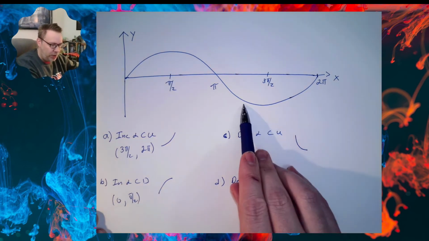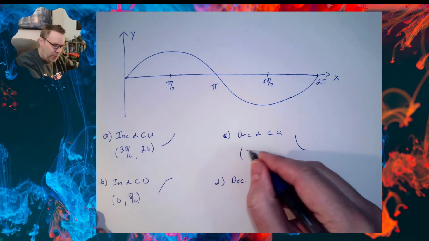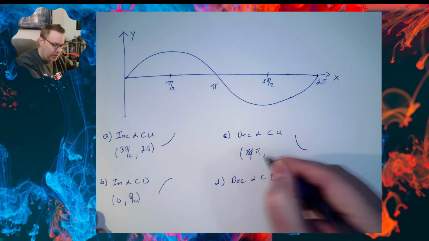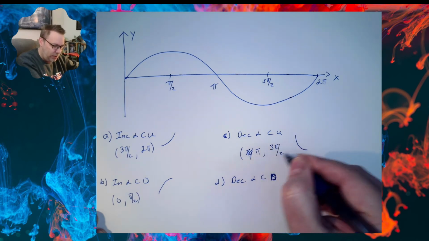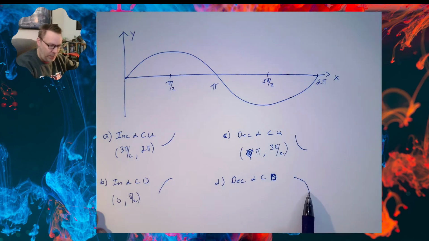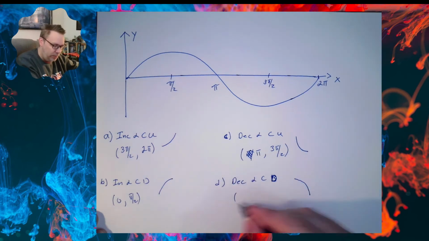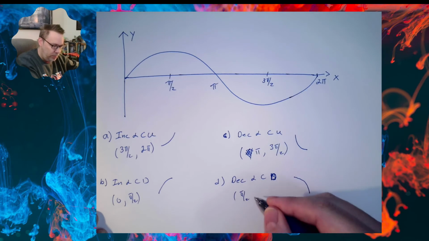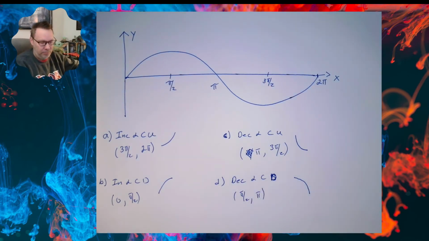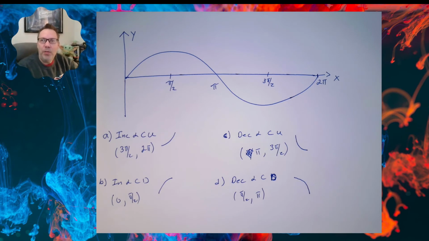This graph looks like the graph between pi and 3 pi over 2. This piece, pi over 2 to pi. I hope that was helpful for this particular problem.